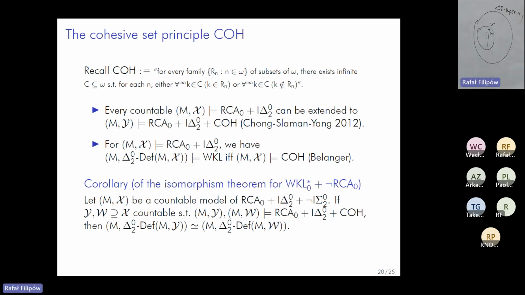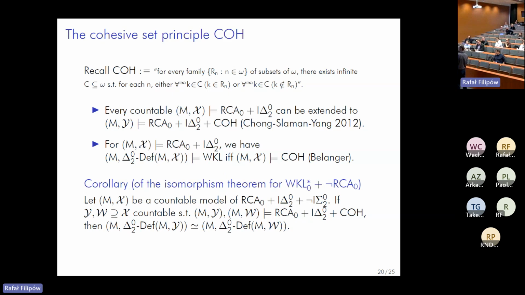I mentioned this principle, this cohesive principle, which says whatever it says. There's no need to remember that. So there is this sort of Ramsey theoretic statement that turns out to have exactly what you care about. So every model of RC0 that also satisfies delta 2 induction, you can extend the second order universe to preserve delta 2 induction, but also satisfy this cohesive principle.